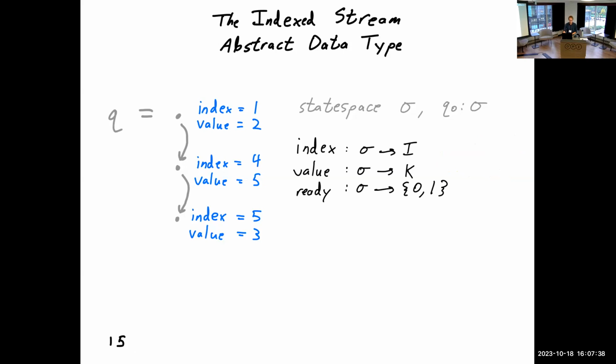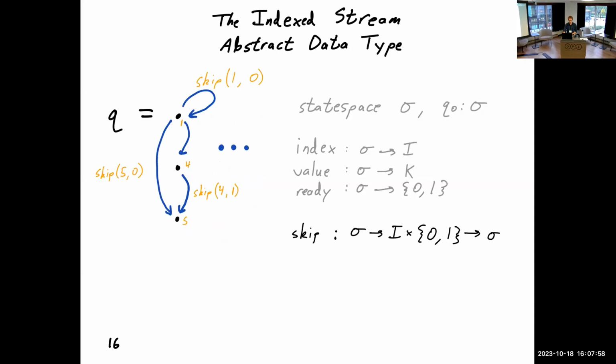As well, an index stream has a ready function. The ready function is Boolean valued, and it labels each state with its readiness, which essentially allows the state machine to take as many internal transitions as it wants that do not produce any observable values. And then finally, importantly, there's a skip function.